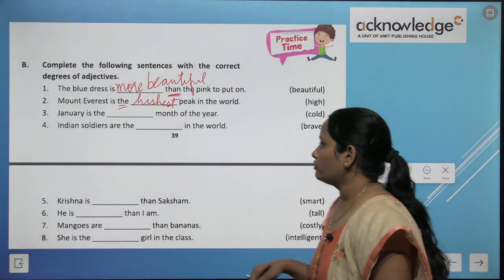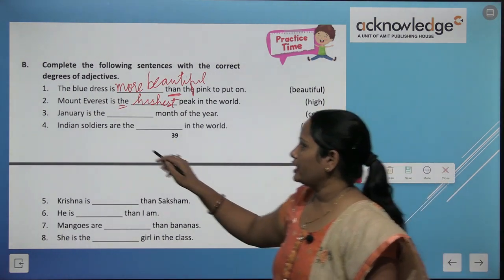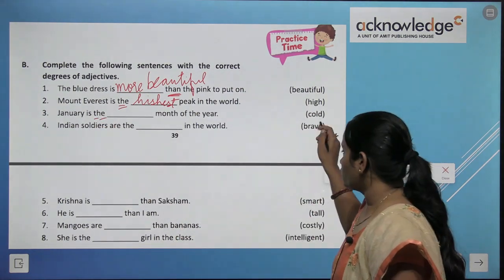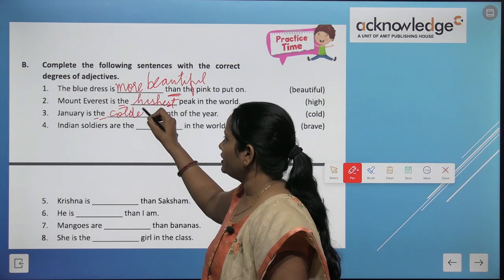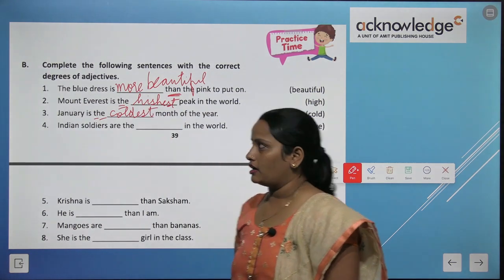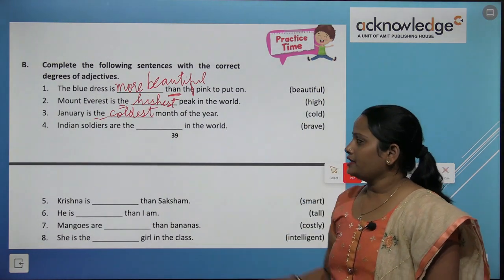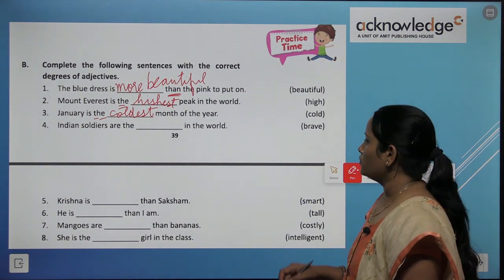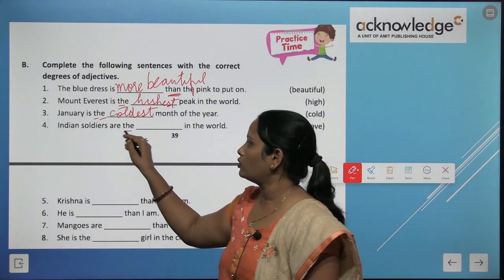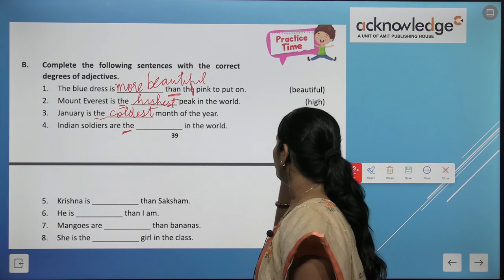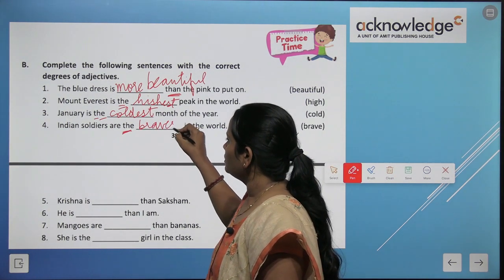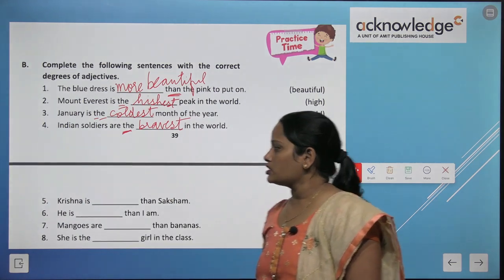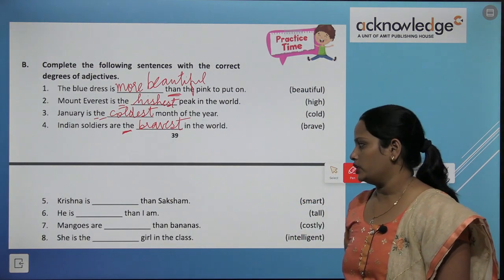January is the dash month of the year. अब यहाँ पे again the यूज किया गया है, so we are going to write oldest, EST लगेगा. Next, Indian soldiers are the dash in the world. पूरे वर्ल्ड की बात हो रही है और the लिखा हुआ है, तो brave का बन जाएगा bravest. Indian soldiers are the bravest in the world.